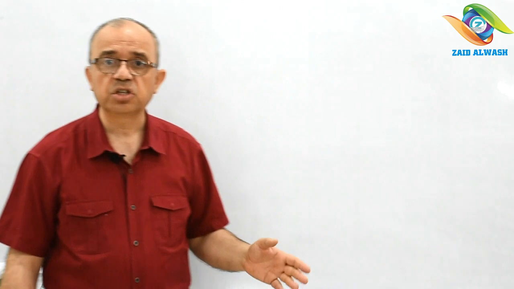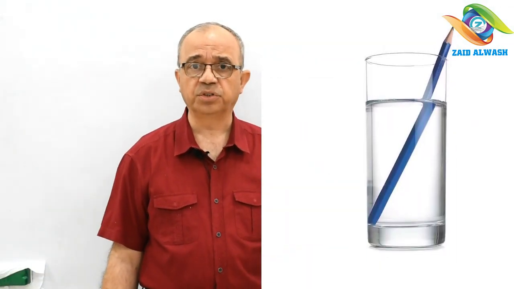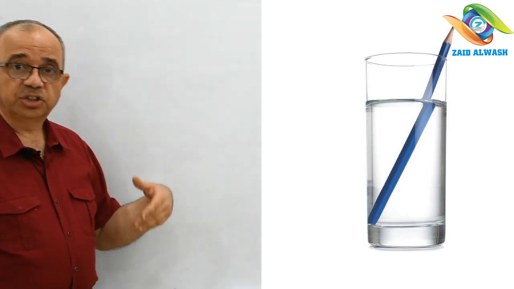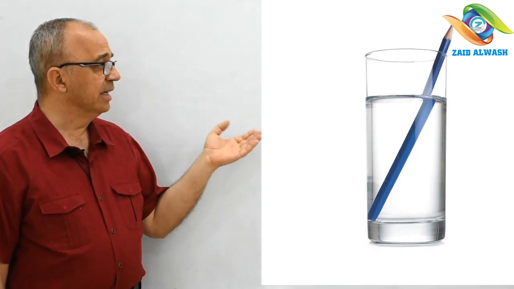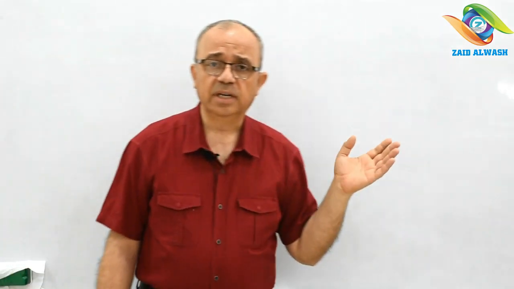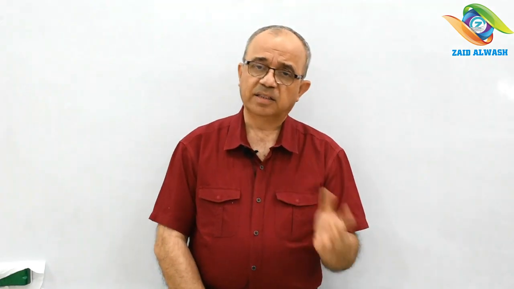Sometimes we see a pencil or a pen broken when we place it in a glass of water, as you see in the figure. And someone asks why we see the pencil as if it is broken. The reason is the refraction of the light.